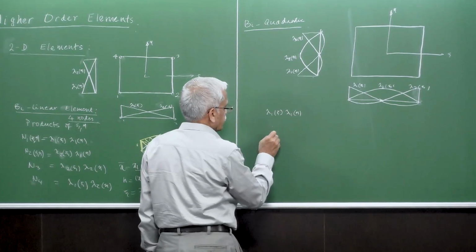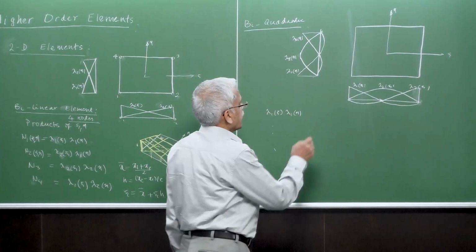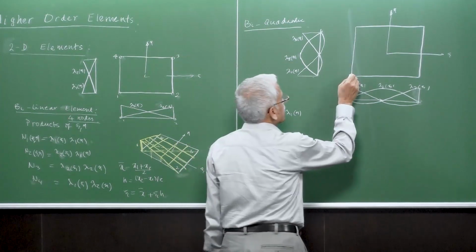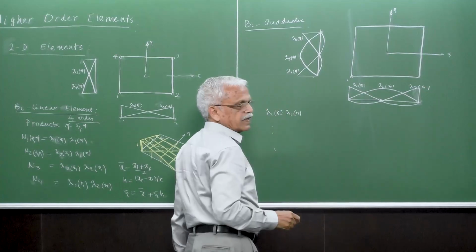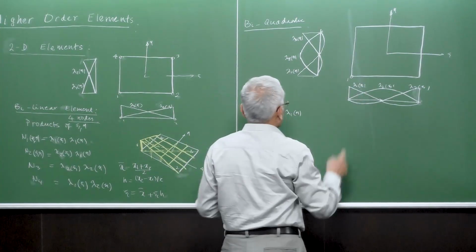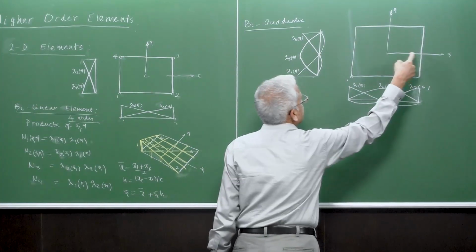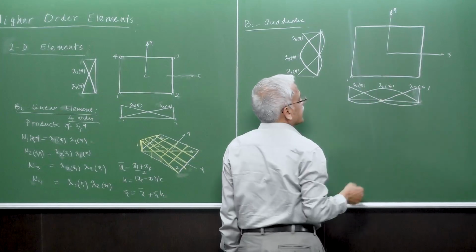So like this, you will have 9 possible products, right? And so this is both being 1 at this nodal location 1, right? At this it becomes 1, and 0 here, here, here, here, here, here, as well as here.